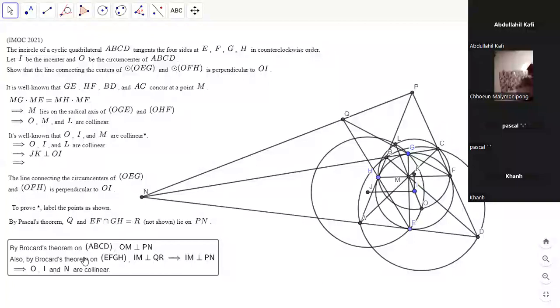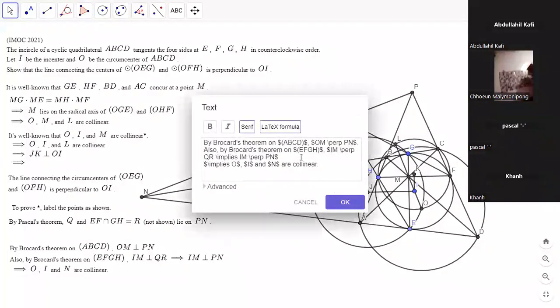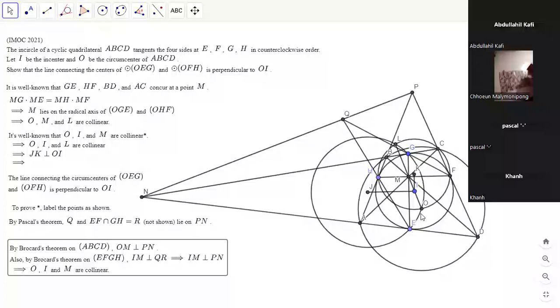Because OM and L are collinear by this, and OI and M are collinear by this fact. So if you combine those two, then OI and L have to be collinear. OML are collinear by power of a point.